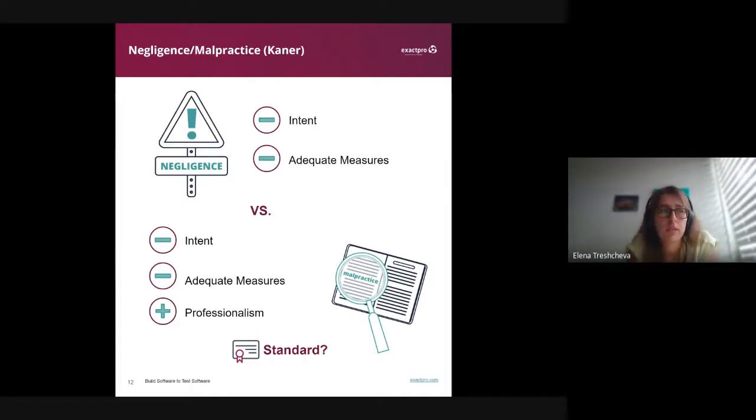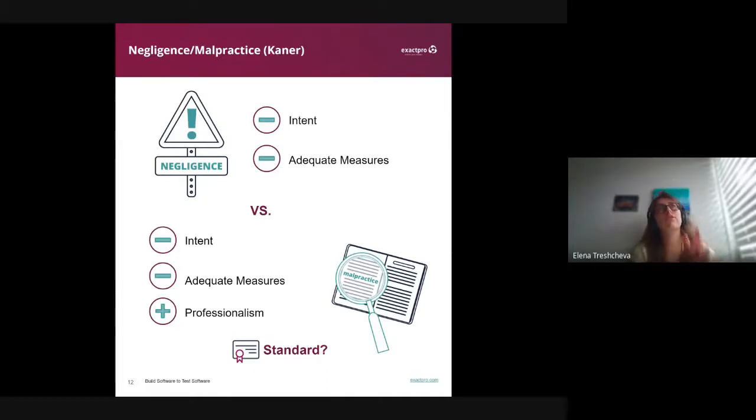Negligence is applied to an area which is not strictly regulated, which is not strictly defined, and we just talk about an activity performed by people who are good at it, but not certified professionals. So when we claim that we have a certification, it is more likely to be considered a case of malpractice.